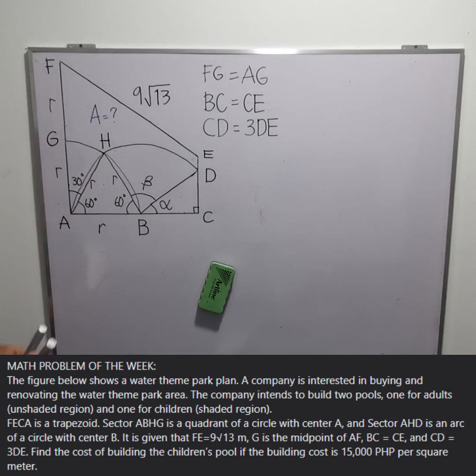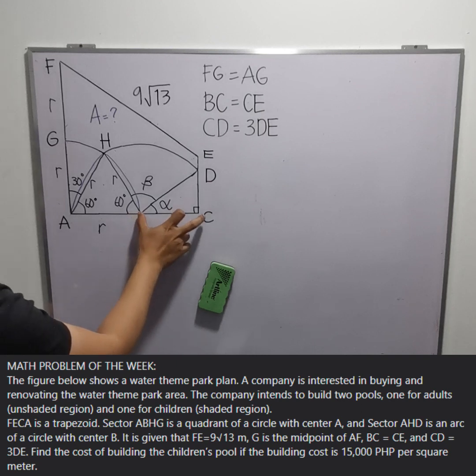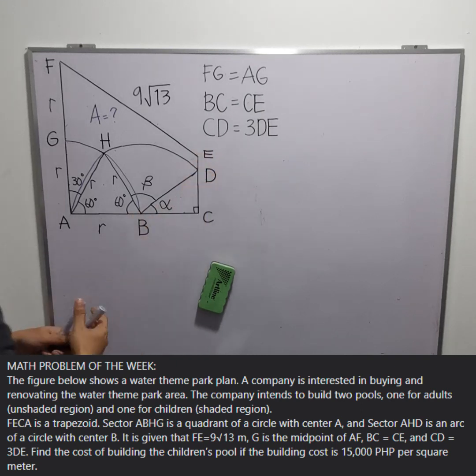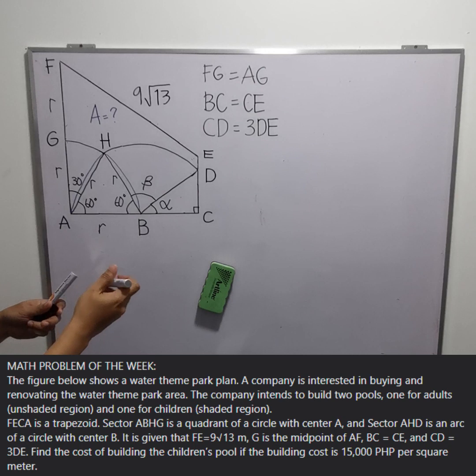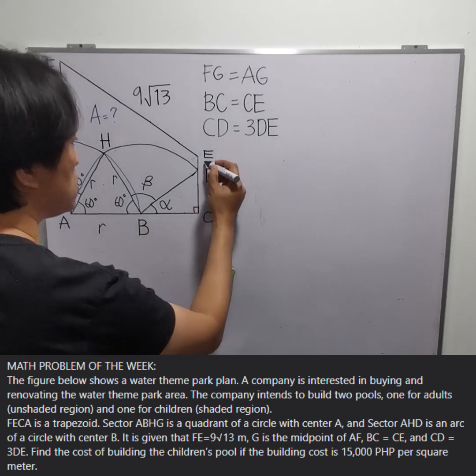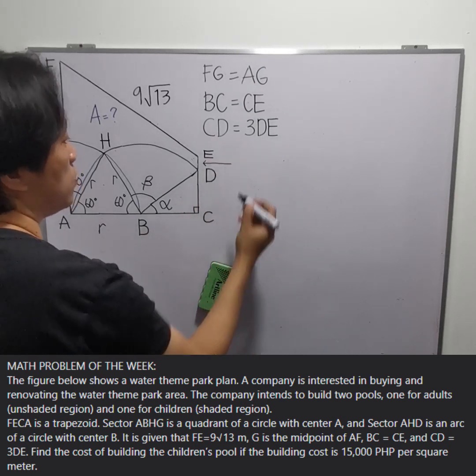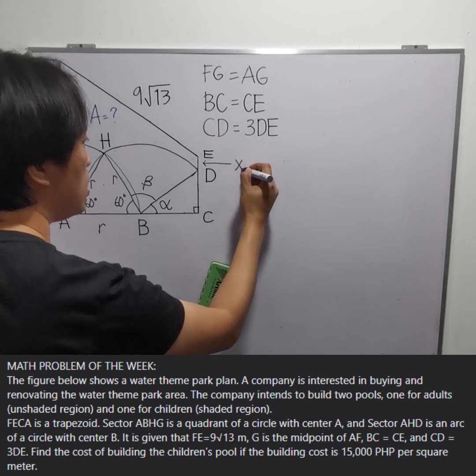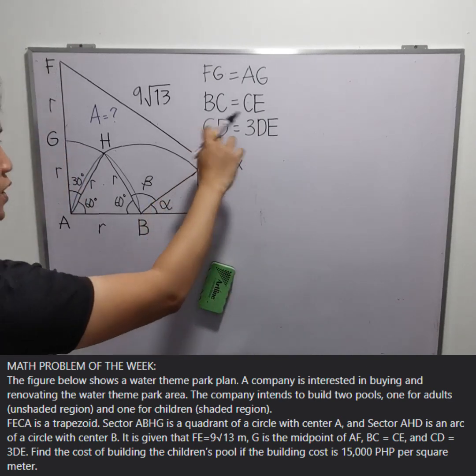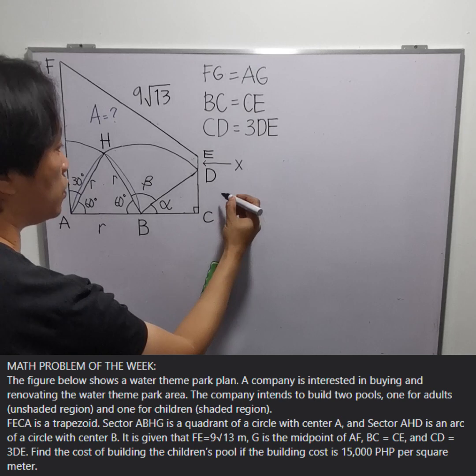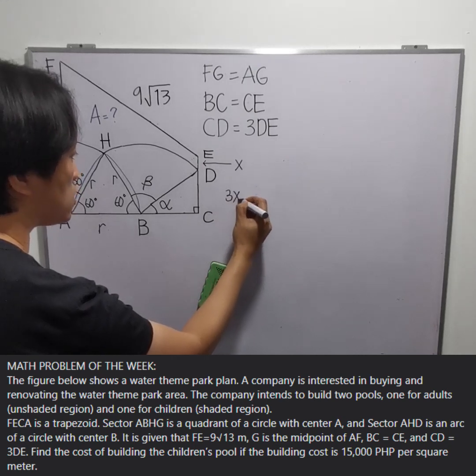The condition here is CD is equal to 3DE, and BC is equal to CE. Let this be X, so we have CD equal to 3X.